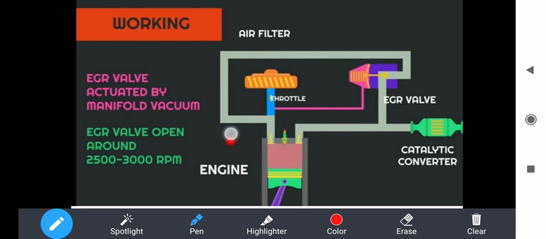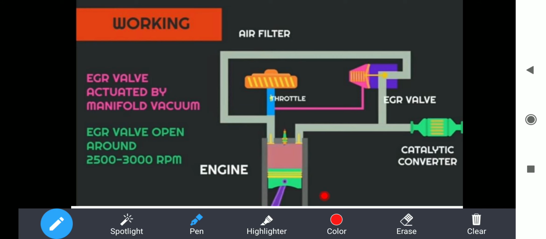From that EGR valve it is transferred to the throttle, where it mixes with the air fuel mixture: fresh air as well as fuel, and these hot gases. The hot gases and the cold air mix with each other, the cold air reduces some of the temperature of the hot gases, and they adopt the same temperature with the fuel mixture and enter the engine.